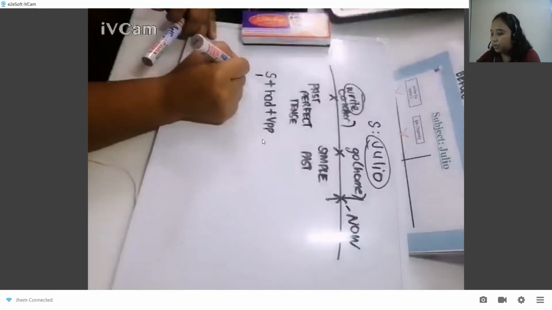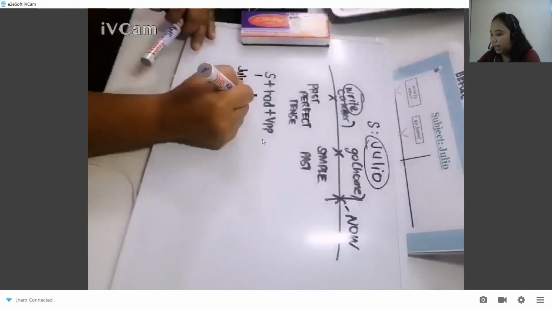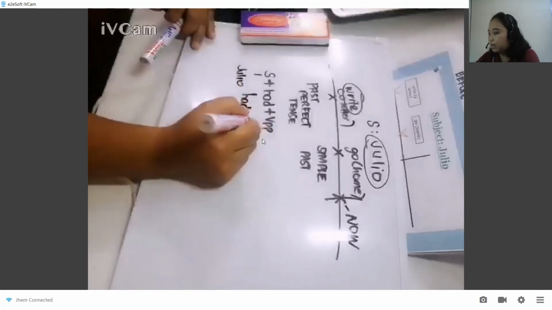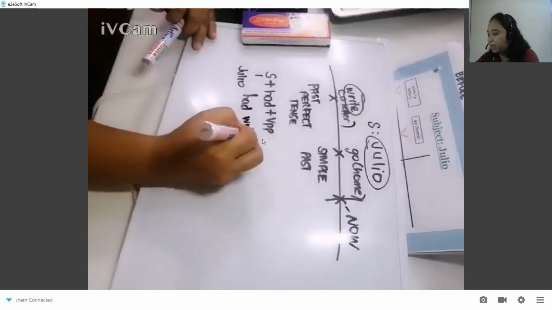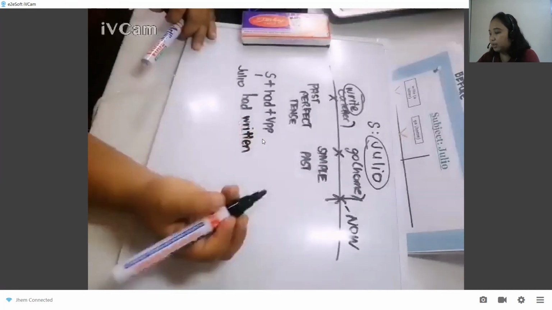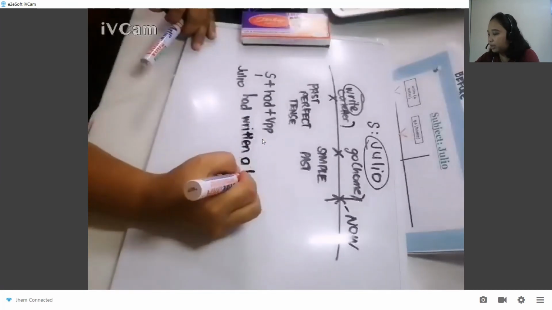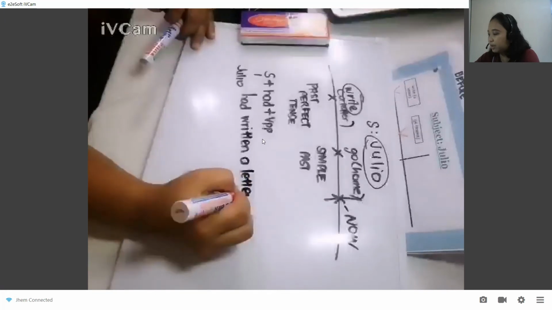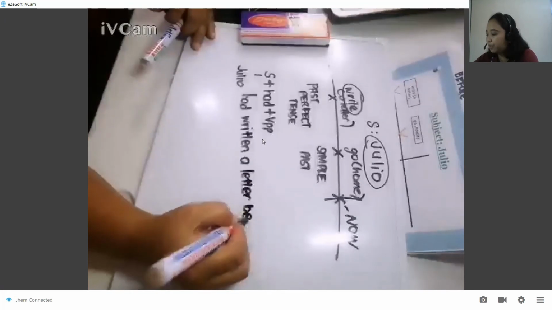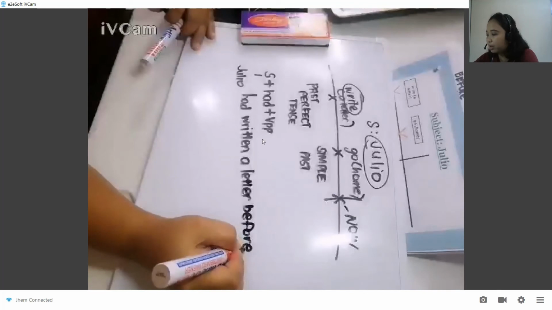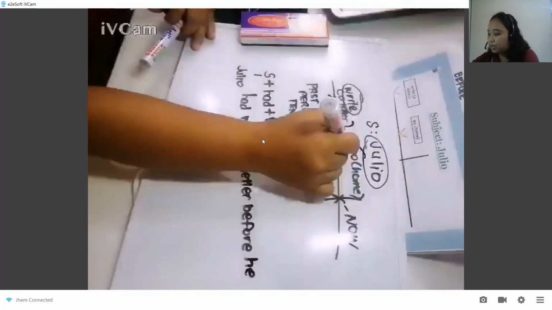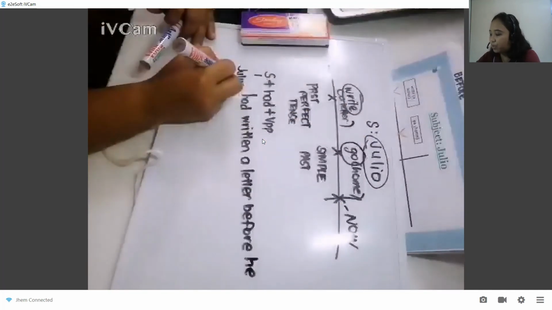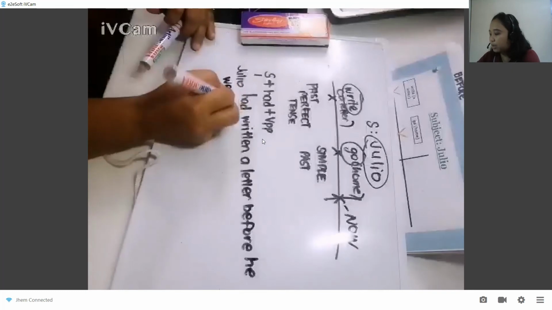So Julio had, what is the past participle form of write? That will be written. Okay, a letter. Then you make use of the conjunction before, and then we have the same subject for the next phrase, he. Let's use the simple past form of go, went home.